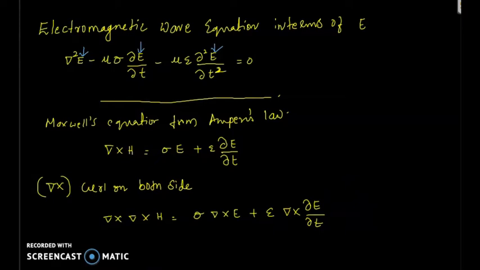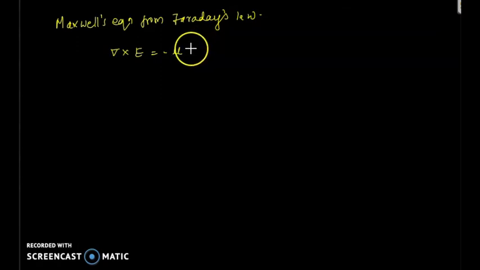But the Maxwell's equation from Faraday's law states that curl of the electric field intensity is minus mu partial derivative of magnetic field intensity. Now differentiate this function.